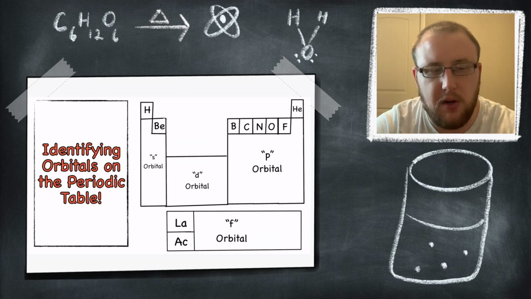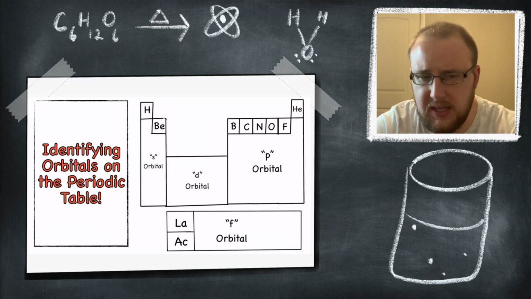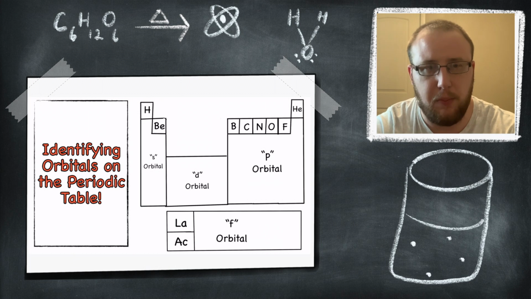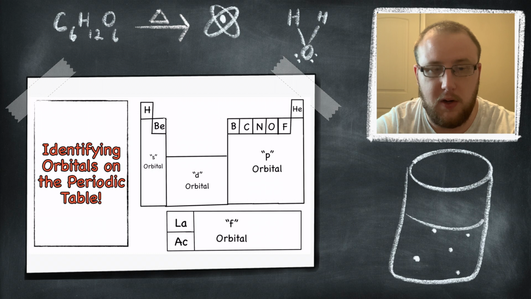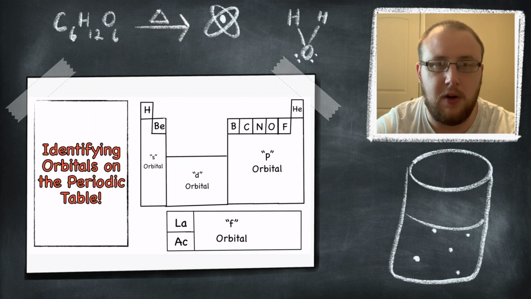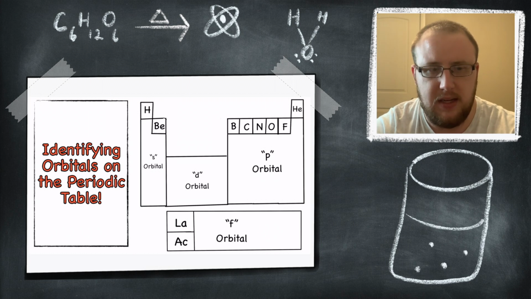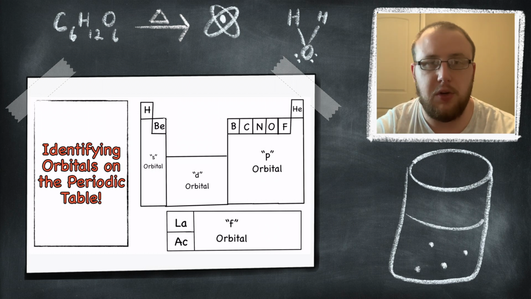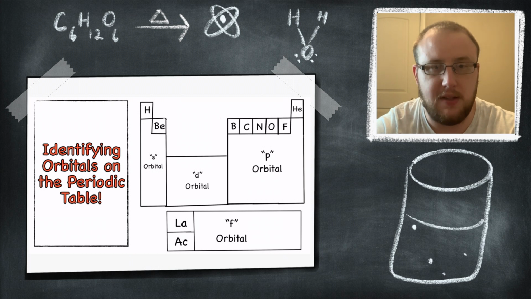So now that I've talked about the specific types of orbitals, let's look back at our periodic table and see where these orbitals are and the trend that goes with them. Our first 2 columns, starting with hydrogen and beryllium, are going to be our s orbitals. Those have s orbitals as their outermost layer, or valence layer.